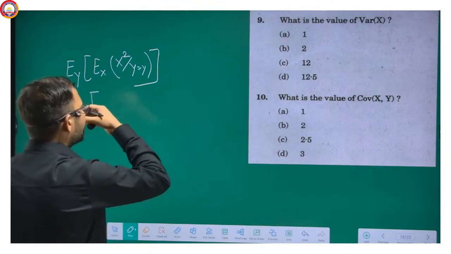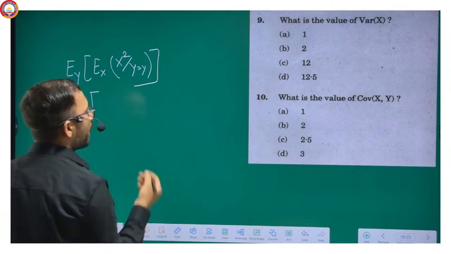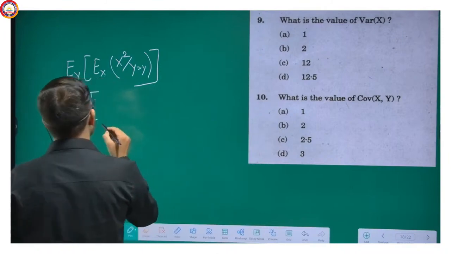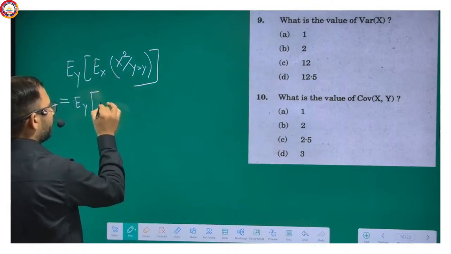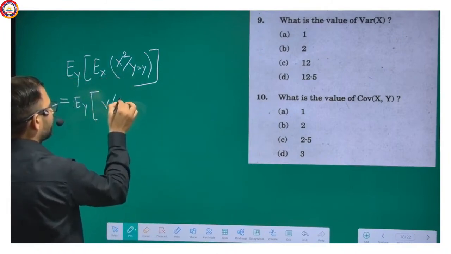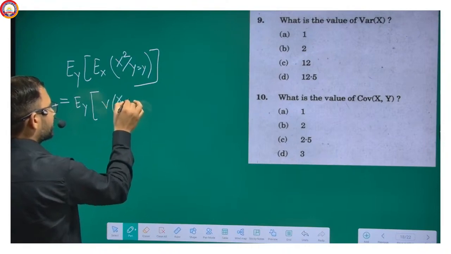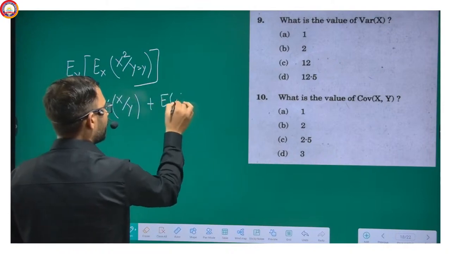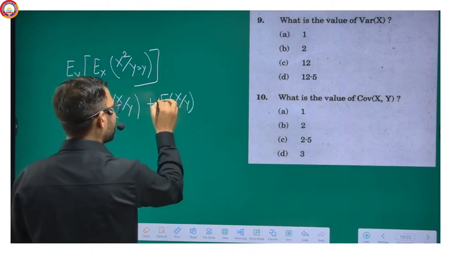Now, expectation of x square, how can we get? We have already done it. This will be variance of x given y plus expectation of x given y whole square.